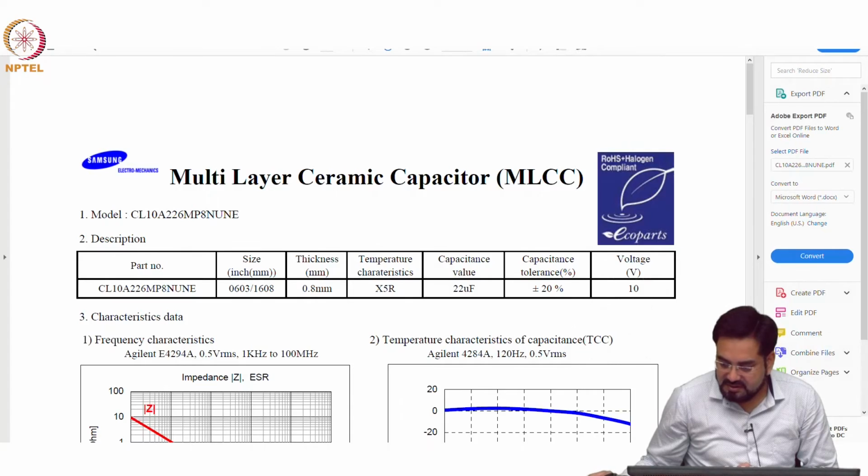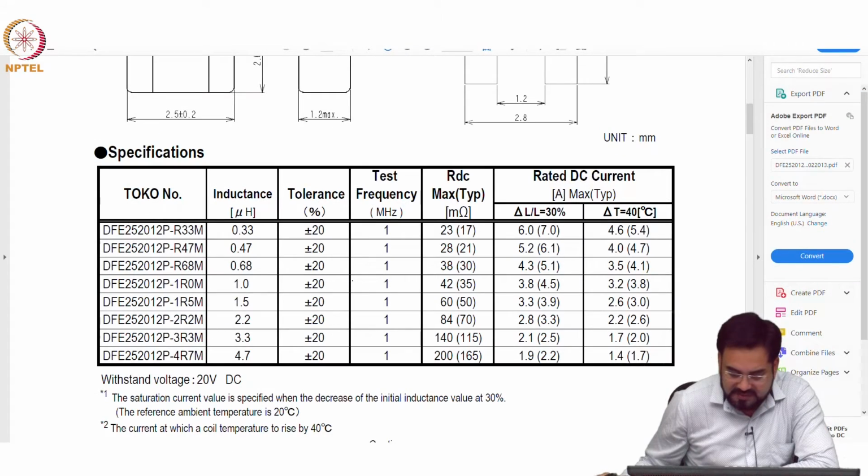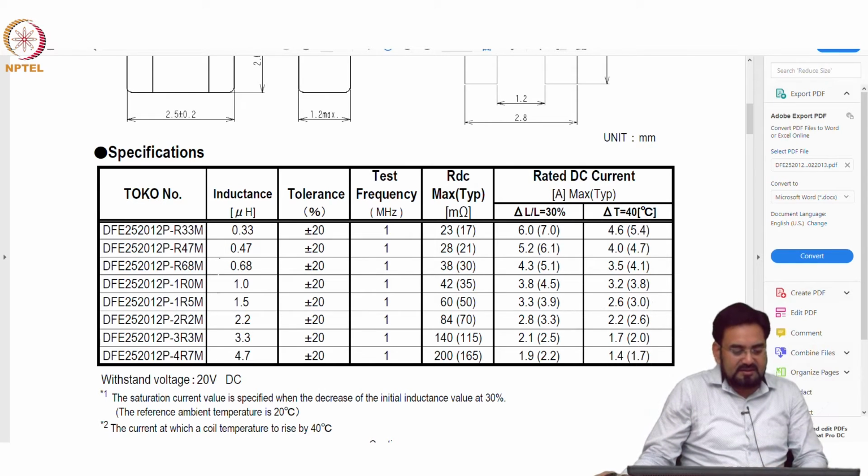Okay, so let us look at the inductor. So, these are the different values, starting from 0.33 microhenry going up to 4.7, and you can see how the DCR is changing. The lower inductor has a lower DCR. Now, think about 165 nano, half of this.